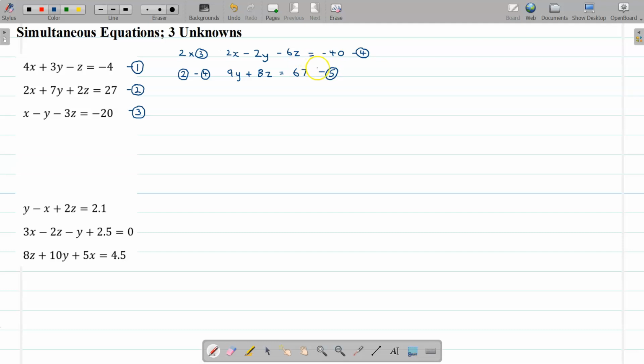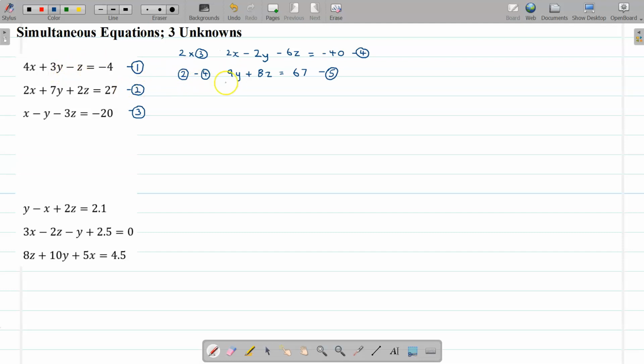Okay, so now we need another equation just linking x, y and z together without x. Now what I could do is I could double equation 2 so it contains a 4x, and then I could eliminate x from equation 1 as well.